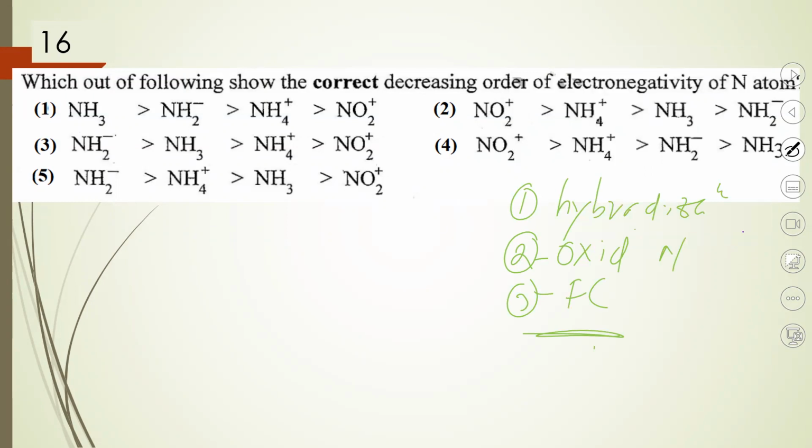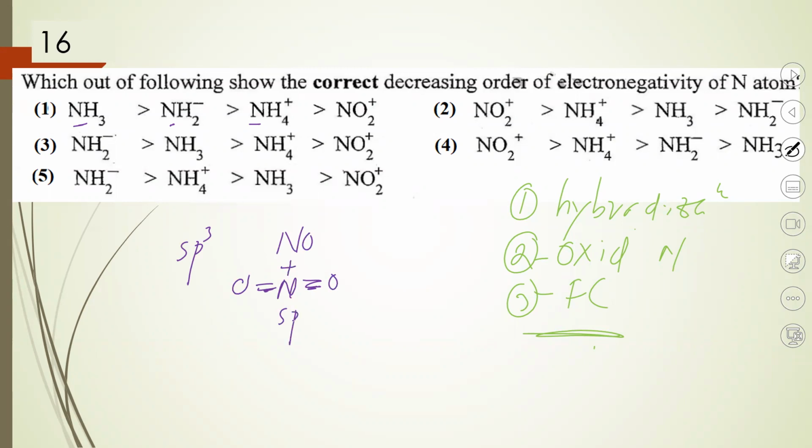Ammonia is minus 3, right? Hybridization you will try to consider. In these three cases, hybridization is the same, sp3. I think you may find out that when you come to NO2 plus, this is the arrangement of NO2 plus. You have only 2 sigma bonds. Therefore, the hybridization is sp.